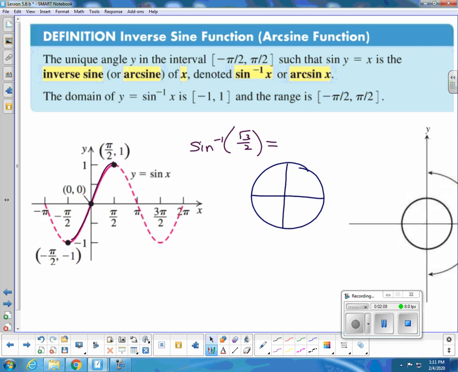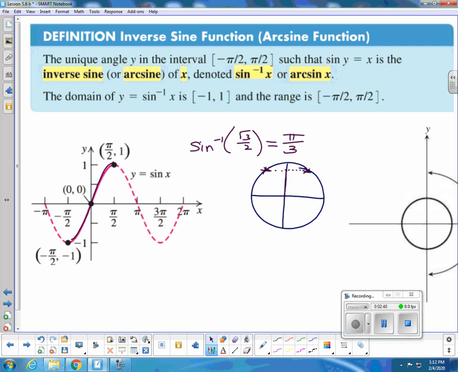So I'm going up, and there's technically on the unit circle 2 angles that have the sine value of rad 3 over 2, but which one do I want to have as an answer? This one over here, right? Pi over 3, or 60 degrees. Because the range of answers that are allowed is between negative pi over 2 and positive pi over 2. So this one over here doesn't count.